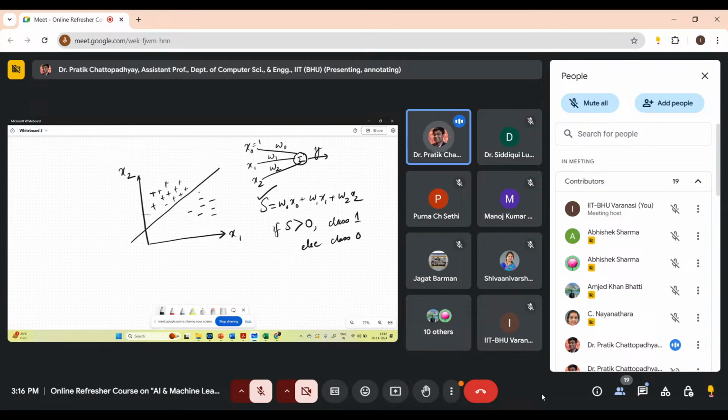So that will be mapped to class 1. All these points are mapped to class 1. And if it is less than or equal to 0, even if the point is on the line, we will call it class 0. So we are mapping to this class, that is class -1. Basically the equation of this line is W1 x1 plus W2 x2 equals 0.